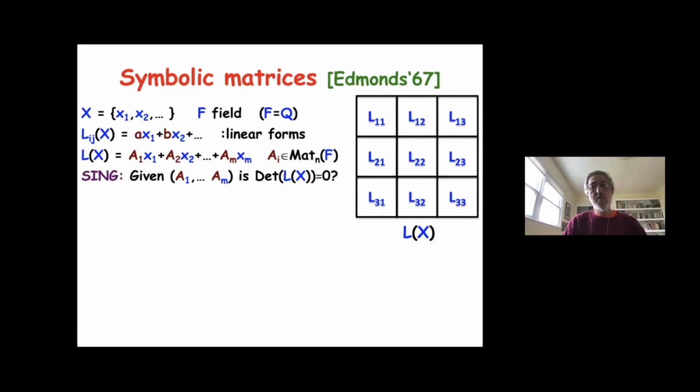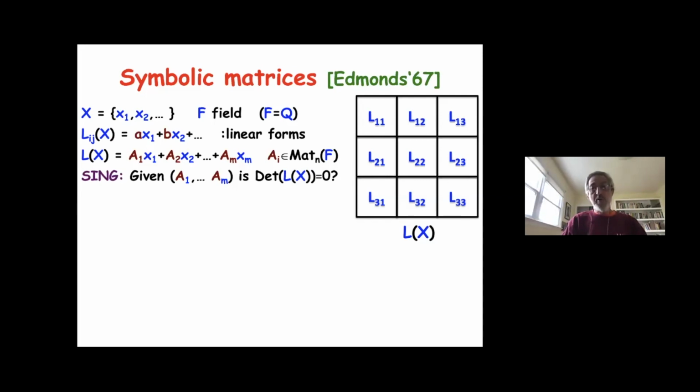And the singularity problem, the question that Edmonds raised, was if I give you a tuple of matrices like this, namely I define a symbolic matrix in this way, does the determinant vanish identically? So same problem we saw before, but now for general linear forms. This is the singularity problem.